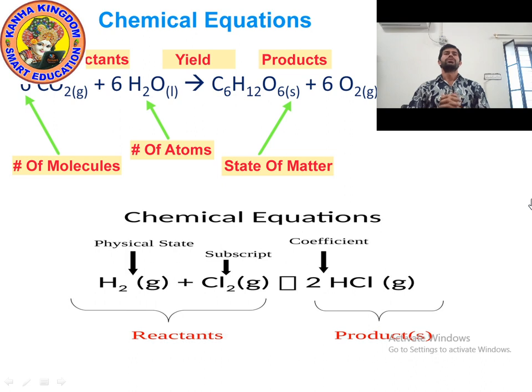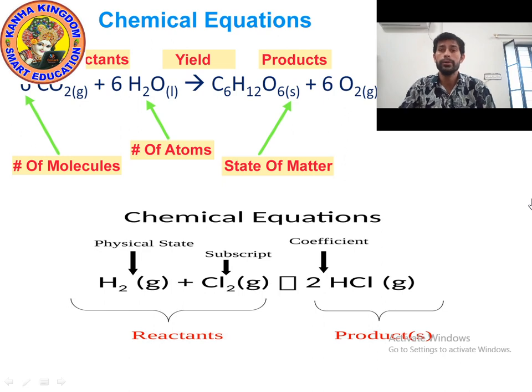You can find out which is the yield, which are the products, which are the reactants, and which is the coefficient. I have already explained this. Find out yourself and write down how many molecules and how many atoms are present.